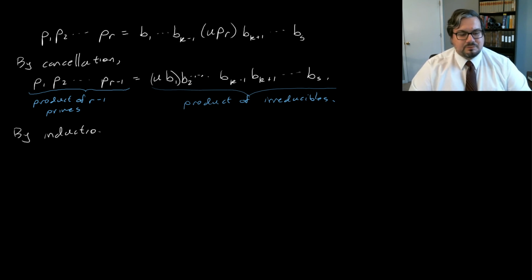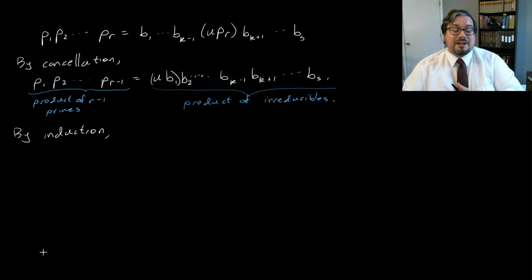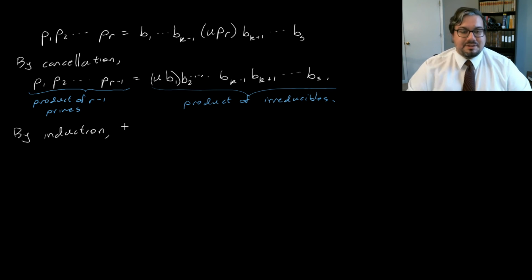By induction, we had that the factorization of anything that could be expressed as a product of r minus 1 primes is unique, so that's what we have here. So by induction, we have that r minus 1 is equal to s minus 1, which notice is the number of factors on the right-hand side now.